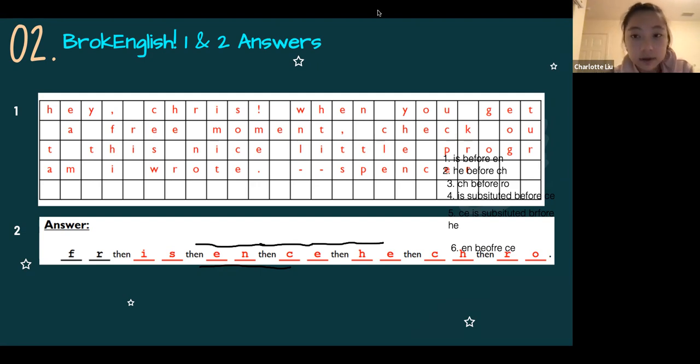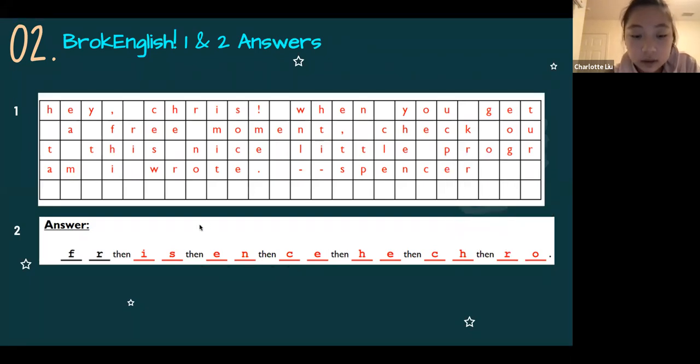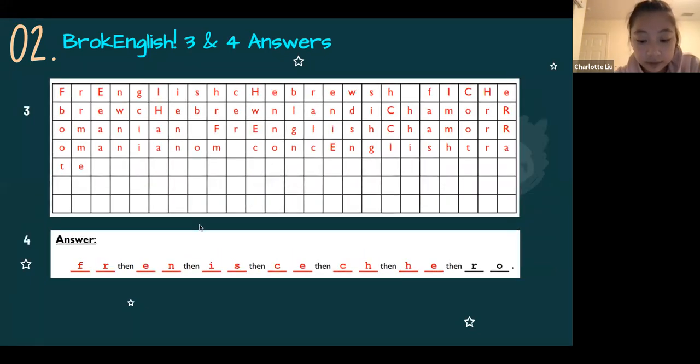So then after you get the word order here right, then you could do number 3. Number 3, you just translate it, but you have to make sure you're using the correct word order and not substituting the wrong words. So you guys can check that really quickly.